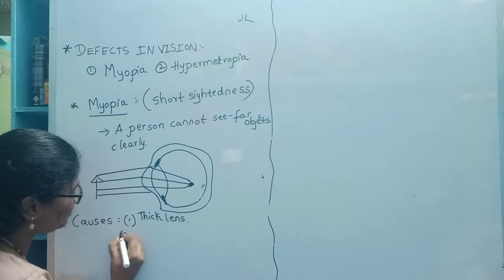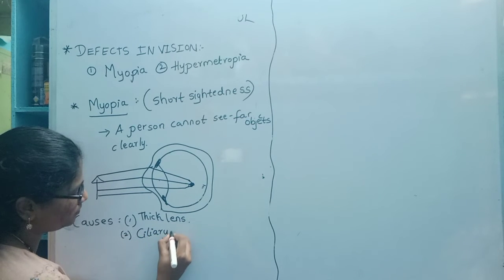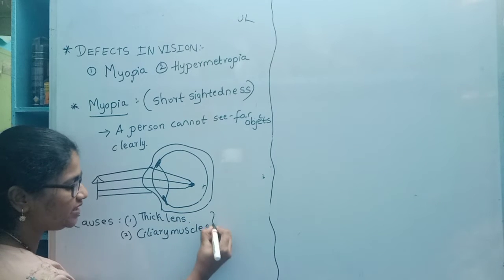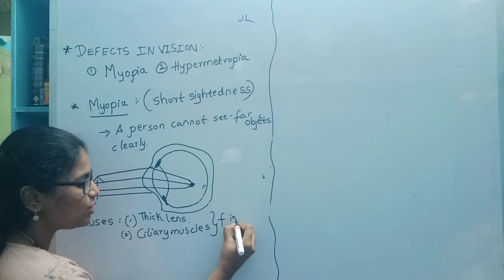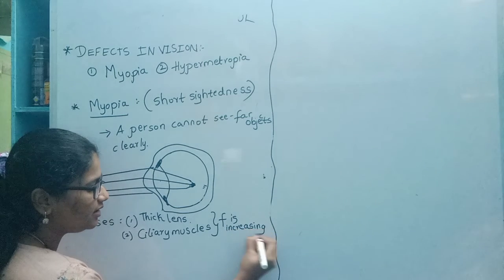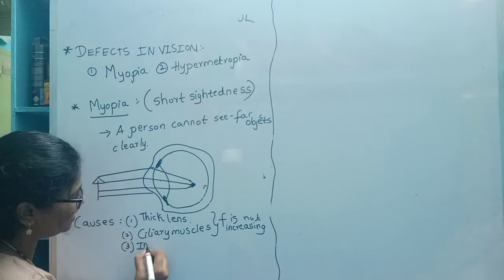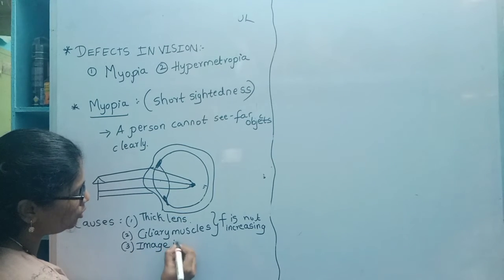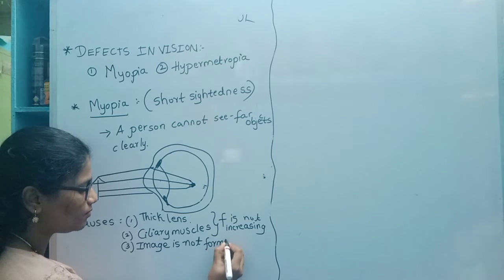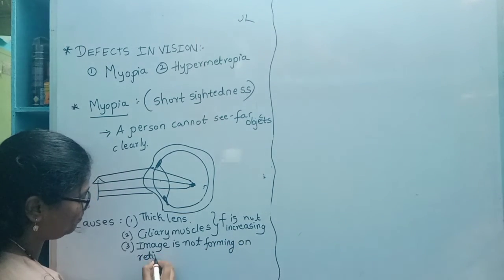Due to the ciliary muscle problem and the thick lens, the focal length is not increasing, so the image is not forming on the retina.